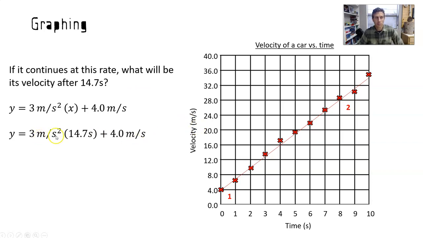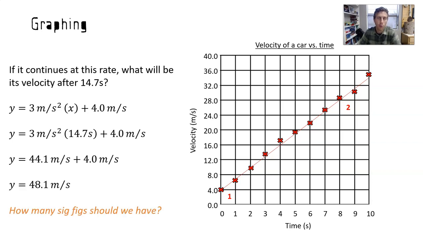Okay, meters per second squared is meters divided by seconds squared, or seconds times seconds. So when we multiply this by seconds, one of these cancels out with that one, and we're left with meters per second. So final answer, 44.1 plus 4 is roughly 48.1.